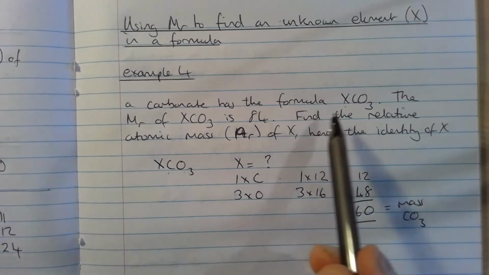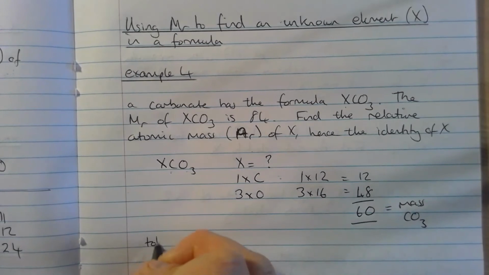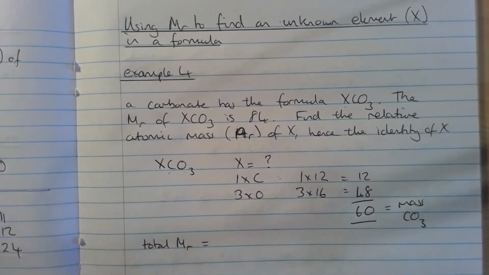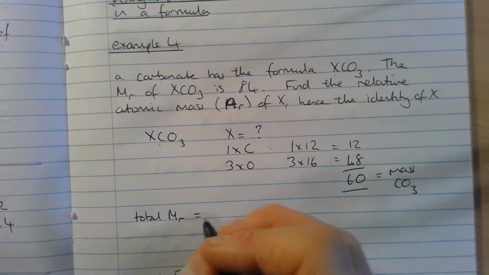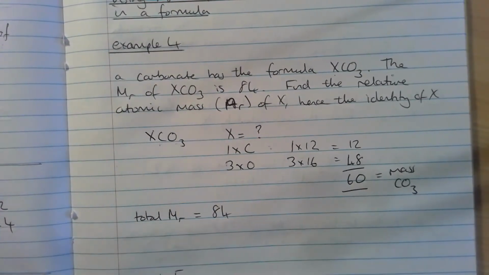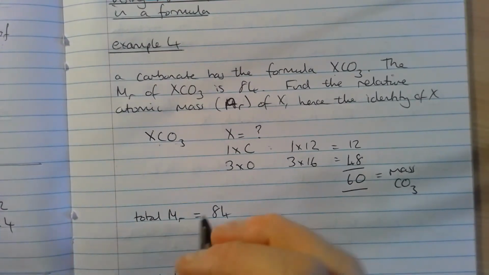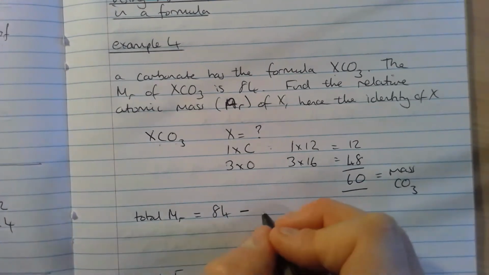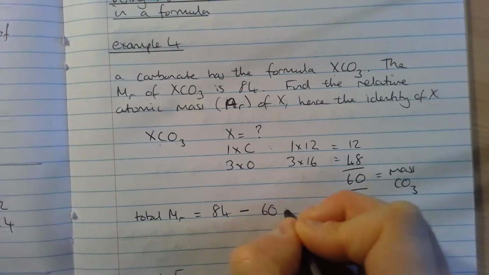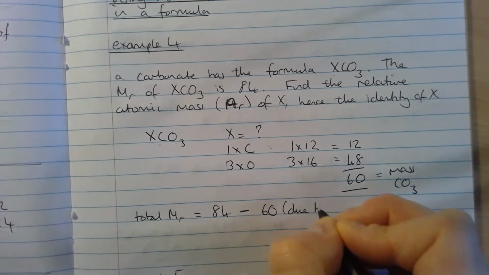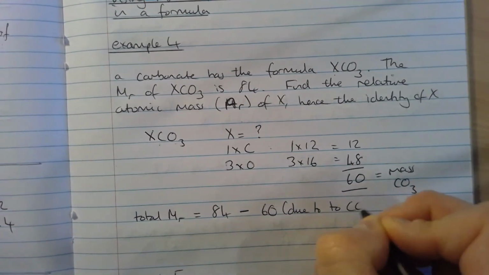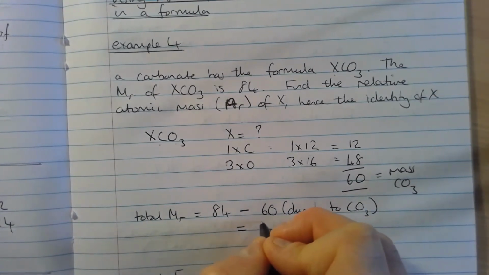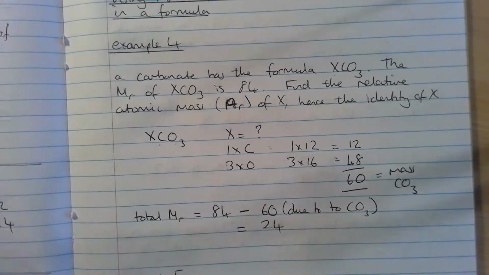So we know that the total mass, or the total MR, is equal to 84. So what we can do is say that the total mass minus the 60 due to the carbonate gives us 24.